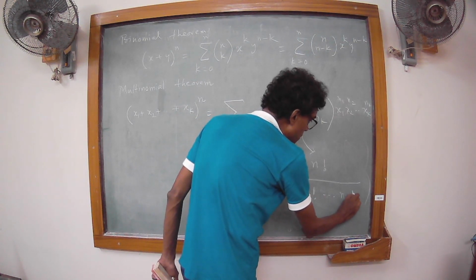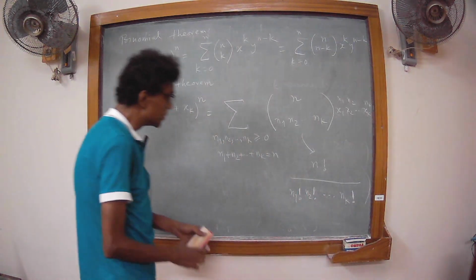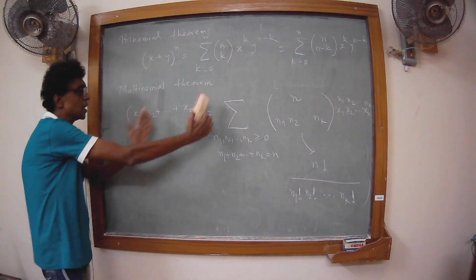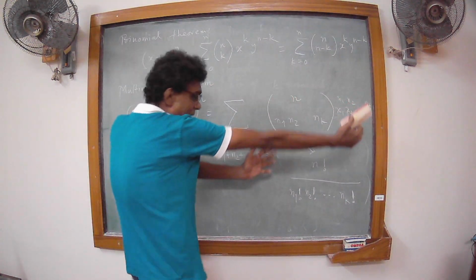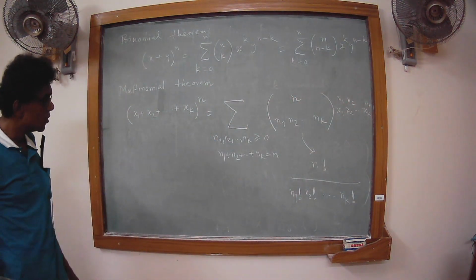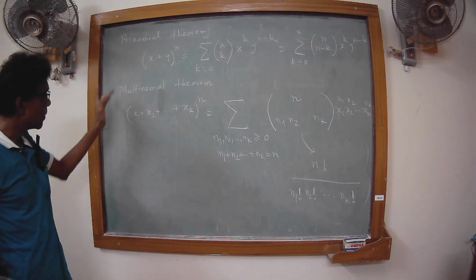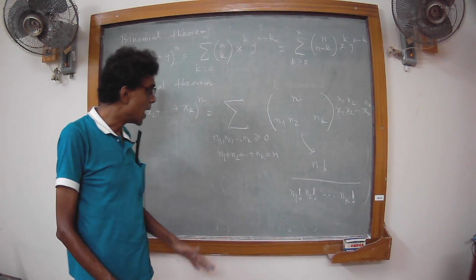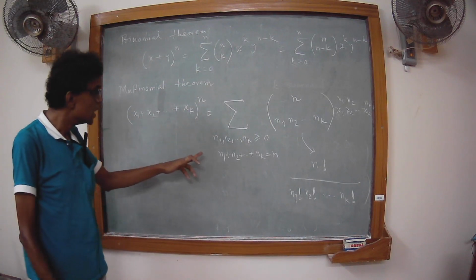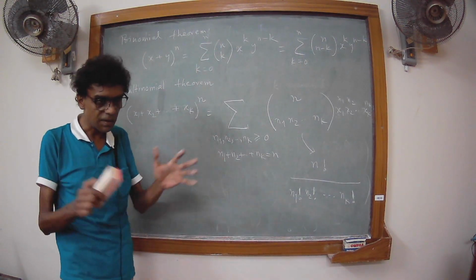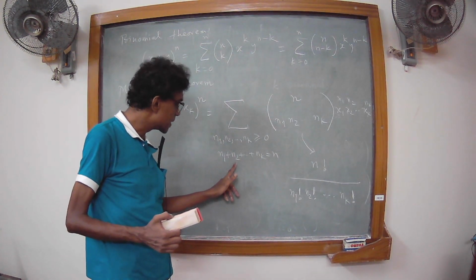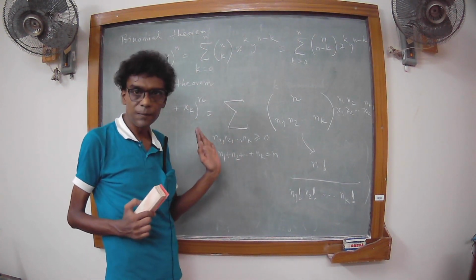Maybe you already know a proof for this, but it's not very difficult to see that if I just write it as x1 plus x2 plus ... xk, x1 plus x2 plus ... xk, n times. So from each I am getting some xi, and therefore eventually if I add these counts, the number of times I get x1 will become n1, the number of times I get x2 is n2, and so on.